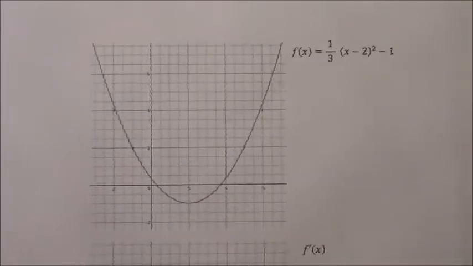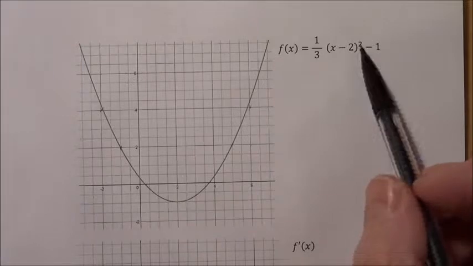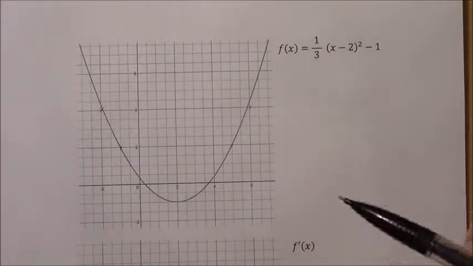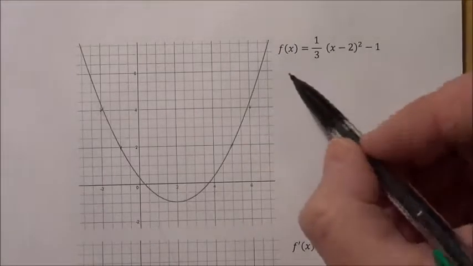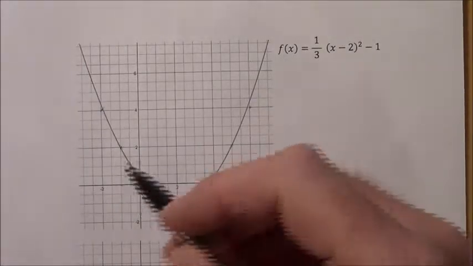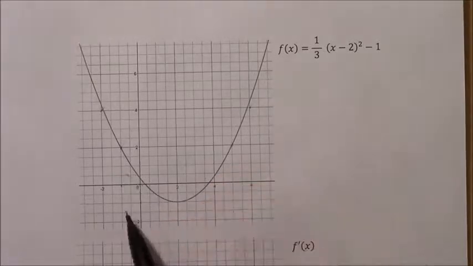So I've prepared this function, and this function is f of x equals 1/3 (x minus 2) all squared, minus 1. We can find specific values. Let's find f of negative 1. So here's x equals negative 1 right here.